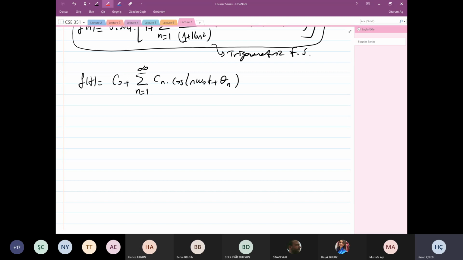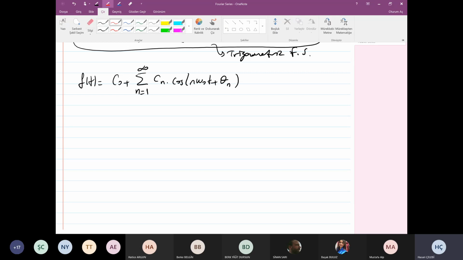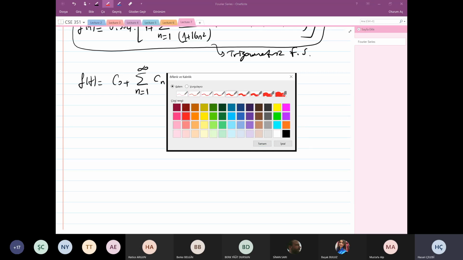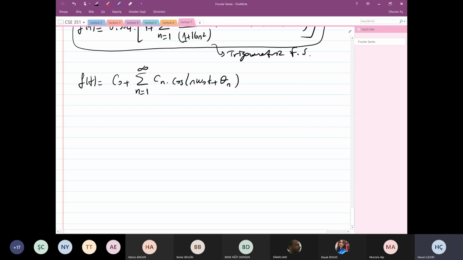Now, what are the unknown parameters in this case? They are c0, cn, and theta n. So we need to find those using the an and bn that we just obtained, right? And cn has a relationship with an and bn that we just learned. Remember, guys?